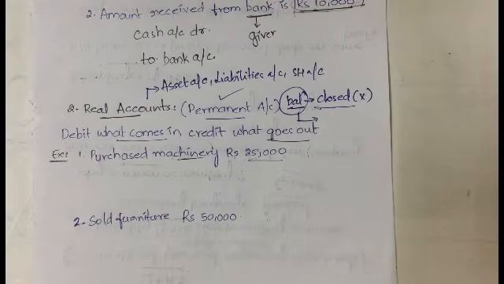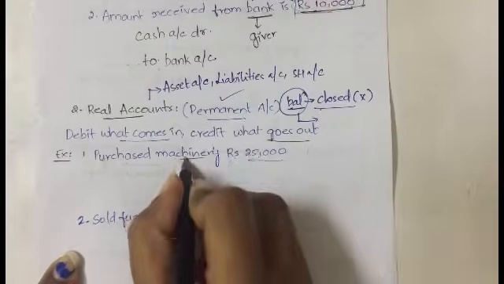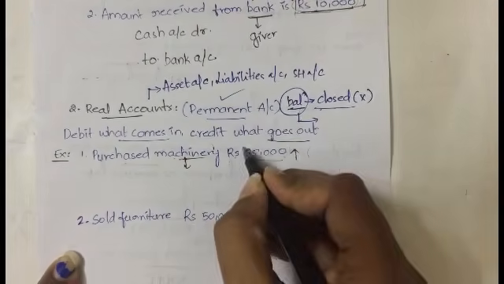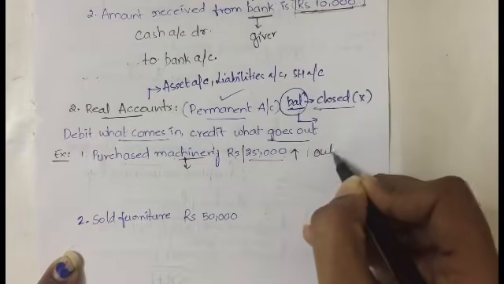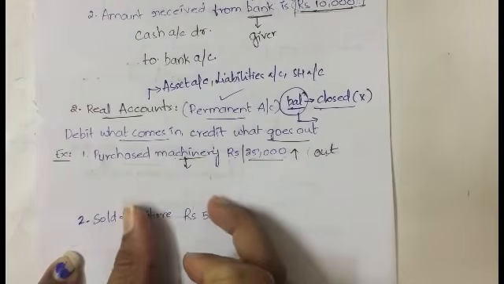As we are discussing an asset, that will come under real account. So now what is the rule that we have to apply to real account? What comes in has to be debited, right? So now what is coming in? Machinery is coming in. As a result of buying machinery, you are paying 25,000 to somebody else, right? So 25,000 is going out from your company, and in its place a machinery is coming inside your company.